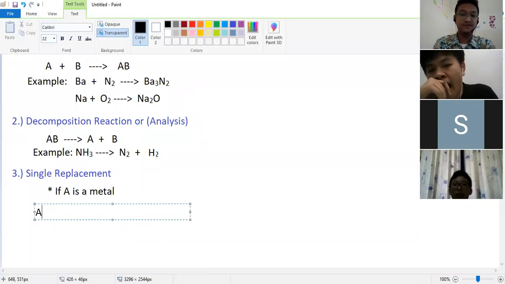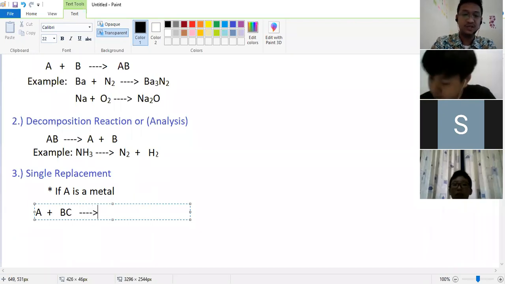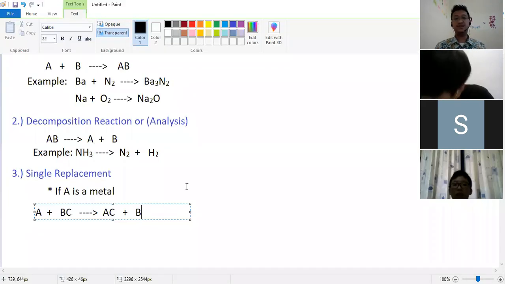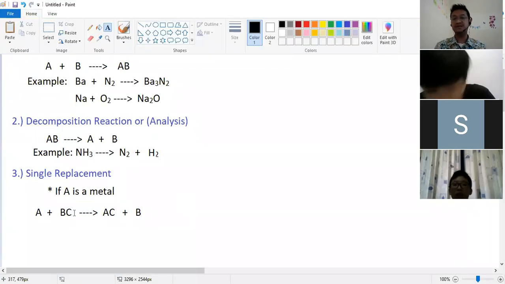You have the free element A, which when it reacts with the compound BC, will yield the compound AC plus the free element B.